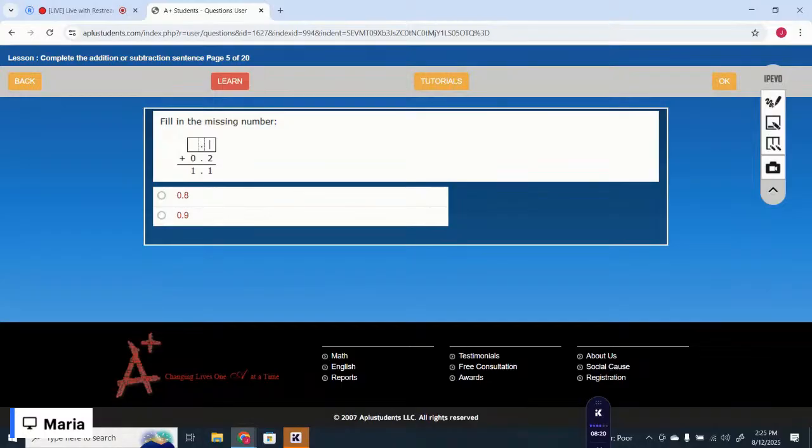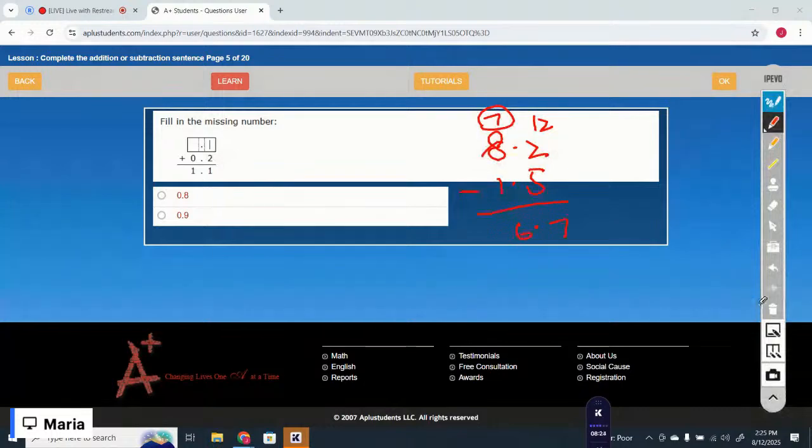Fill in the missing number. The missing number plus 0.2 equals 1.1. So we are given two of the numbers. We need to subtract 0.2 from 1.1. We have 1 and borrow 1 here. 11 take away 2 is 9.